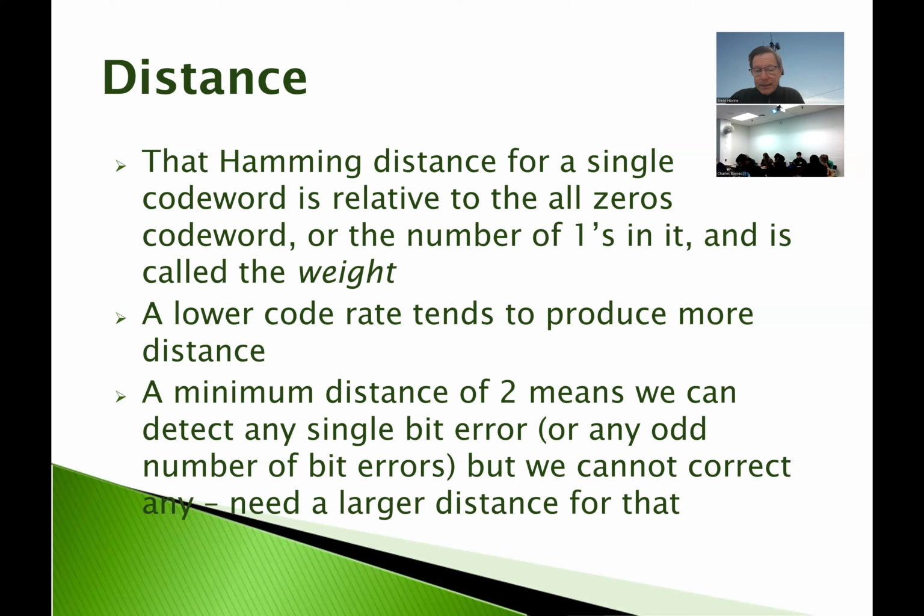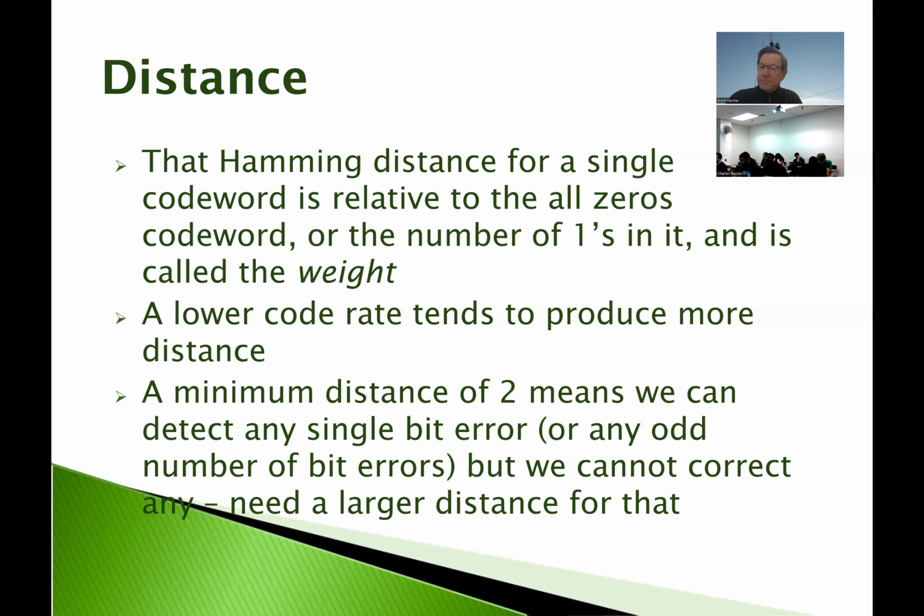So let's think about that a little bit. If we have a minimum distance of 1, it means that a pair of code words only differs by 1 bit position. Well, if we have an error in that bit position, then it's going to look like another legitimate code word, and we won't be able to tell that there was an error. The way we tell that there's an error is when we receive a word that is not a legitimate code word.